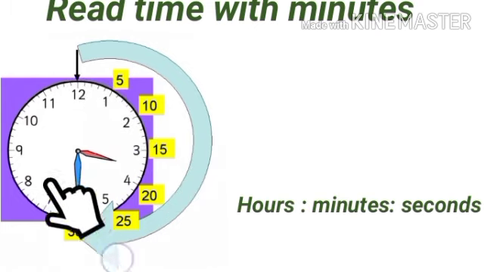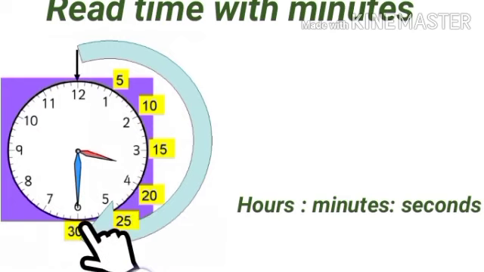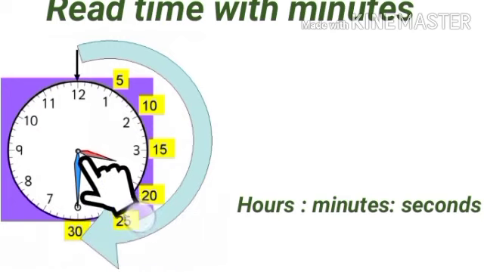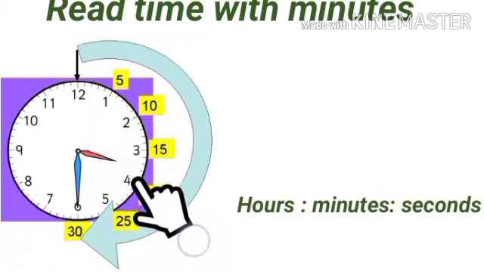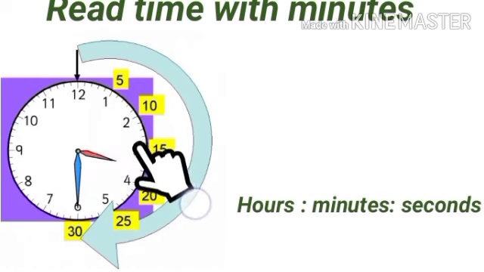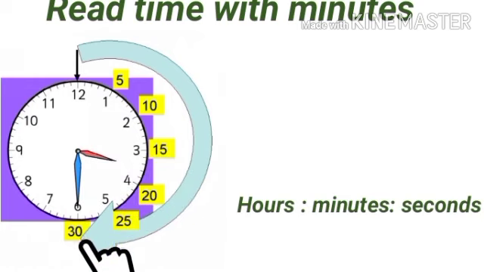Now you can look at this diagram. It shows the hour hand is in between 3 and 4 and the minute hand shows 6, isn't it? So that means that is 30 minutes. So how can you write the time?